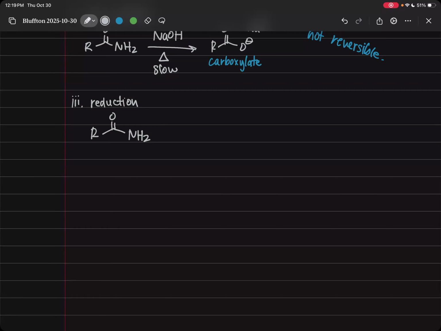And so what you can do from this point, once you've got your amide, is treat it with lithium aluminum hydride, and we get an amine, which is a very useful functional group in itself.